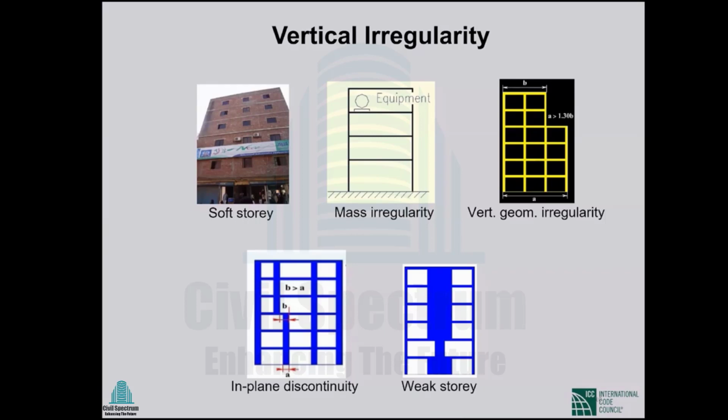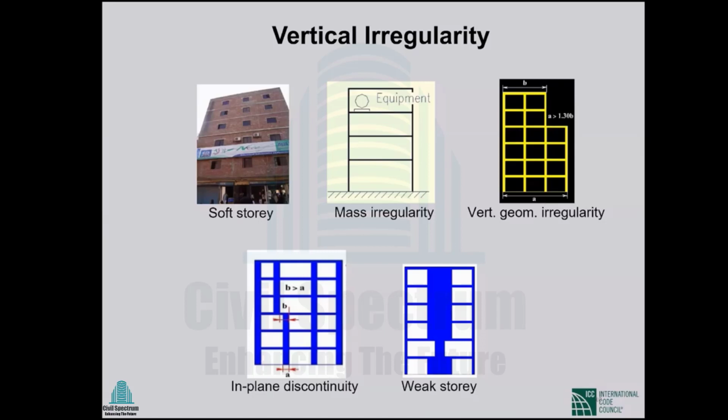One is soft story. We quite often hear this term, soft story. Now, what is a soft story? This is related to stiffness. If the stiffness of a story is much less, there are specific numbers like 70% or 80%.